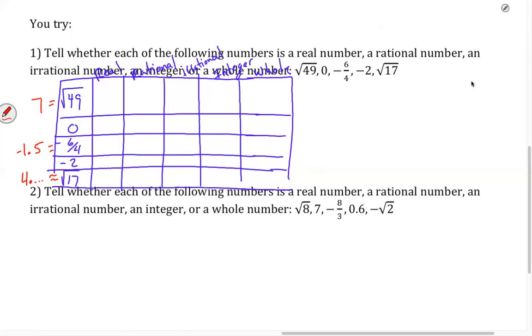So let's look at these. Well, these are all real numbers because they're not the square root of a negative number. Rational. Well, 7's rational, 0's rational. Negative 6/4 is a fraction, so that's rational. And negative 2 is rational. But the square root of 17 is not rational, meaning it is irrational.